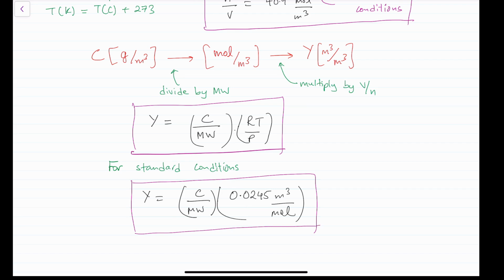And in these formulas we know that C is mass concentration, right? It could be milligram per meter cubed, it could be microgram per meter cubed.